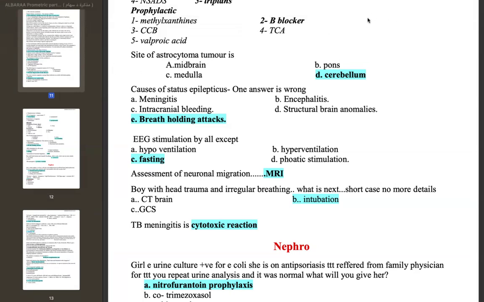The most common site for astrocytoma tumor is the cerebellum. Okay.